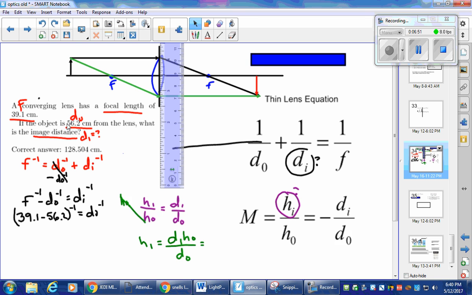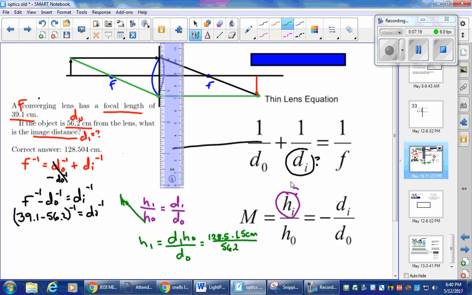Distance of the image was right here, 128.504. I'm just going to do that for simplicity, times the height of my object, which we said was 1.5 centimeters, over the distance of the object, which was 56.2.